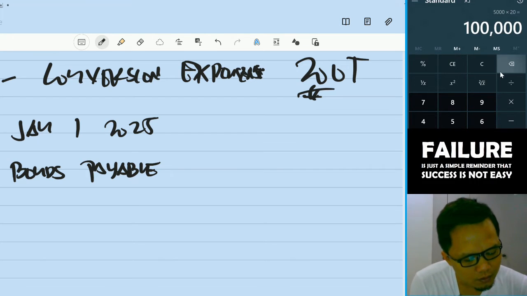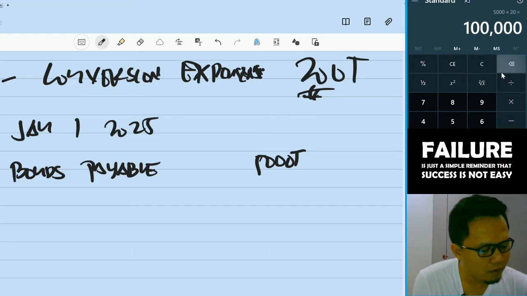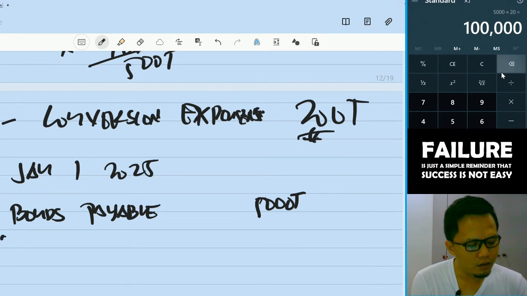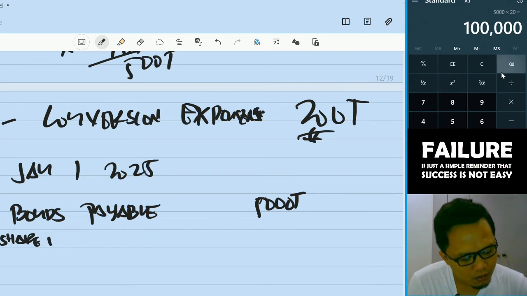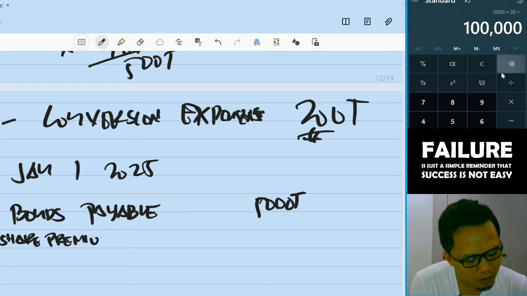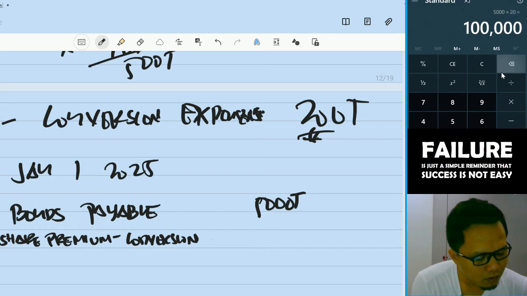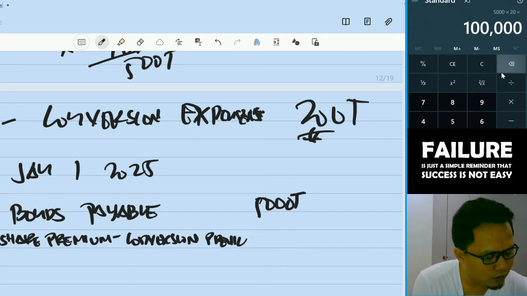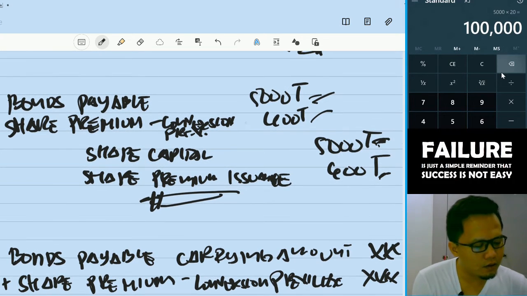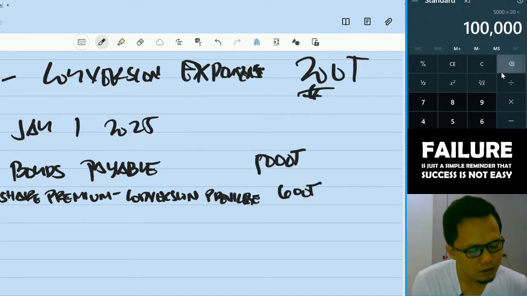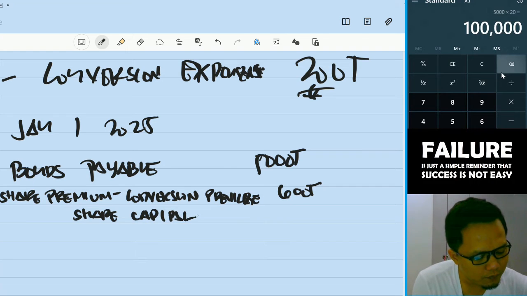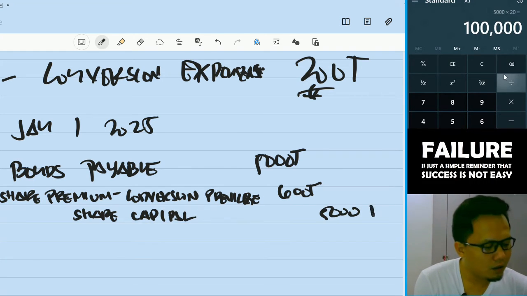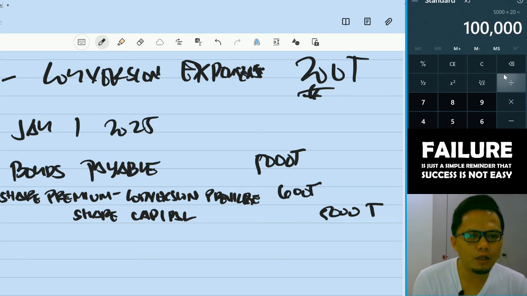Debit bonds payable at 5 million. Debit share premium, conversion privilege, at 600,000. Credit share capital at 5 million.